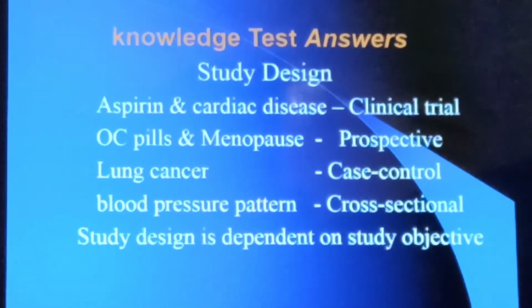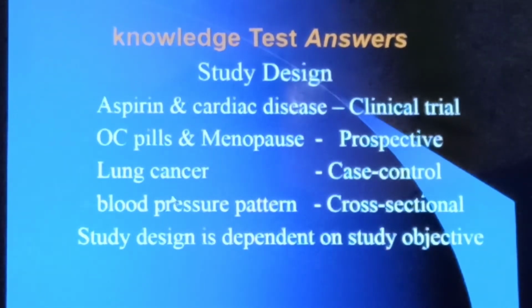I am giving you the answers for all of them. You might have thought of some answers. First question, aspirin and cardiac disease: it is a trial. OC pills and menopause: it's a prospective study. The persons who are taking the OC pill and not taking it are prospectively followed up, and their menopausal status is noted.